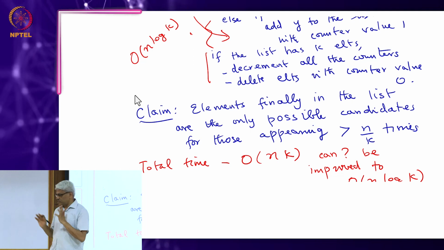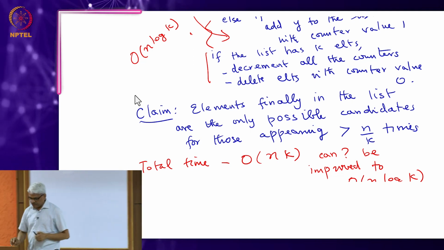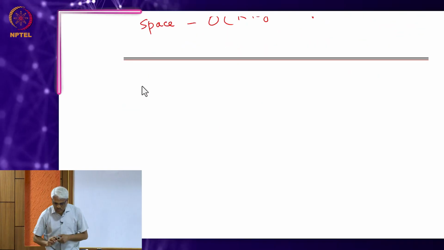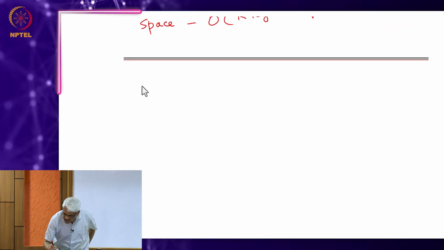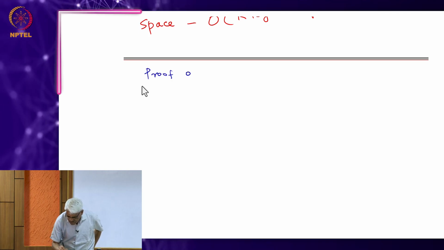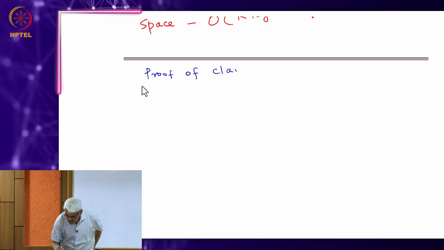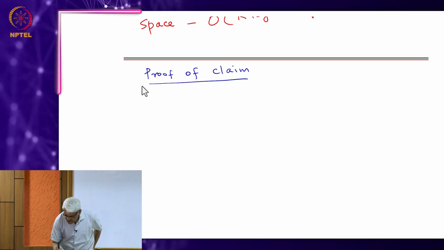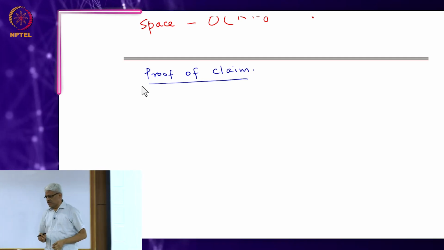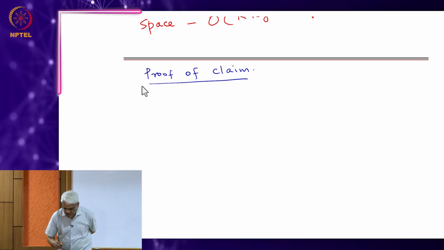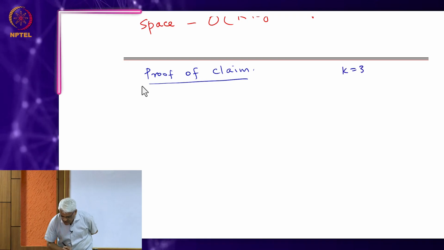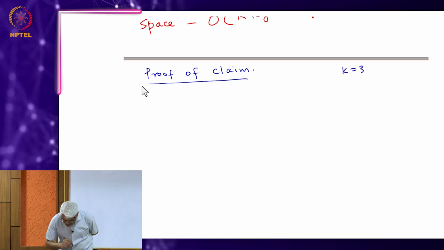So it will be like a 2-line proof. One way to think about this, let's do it on an example. Let's say k is 3 and I want elements.